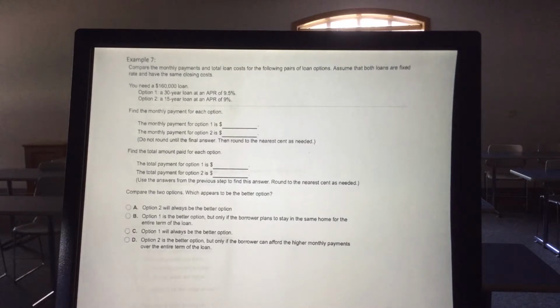Option 2 has a 15-year loan at an APR of 9%. Here you want to find the monthly payment for each option, and then the total amount paid for each option, and then compare the two to find out which appears to be the better option.